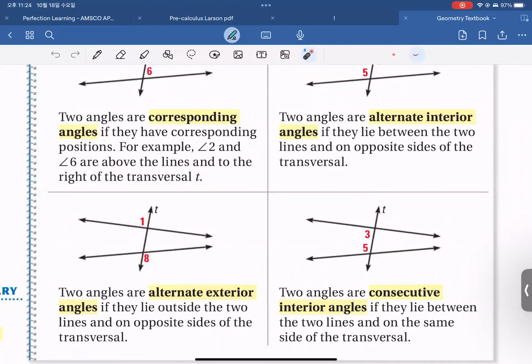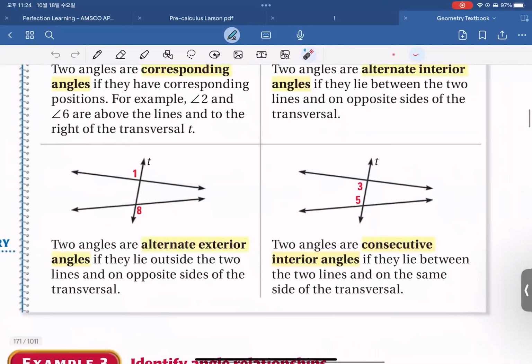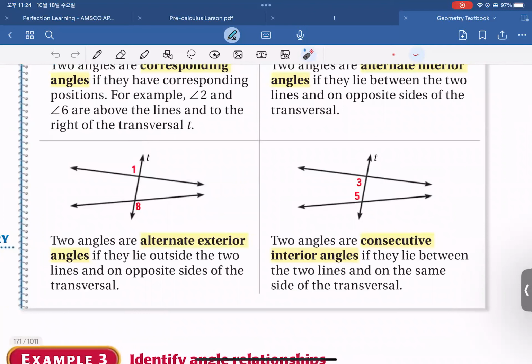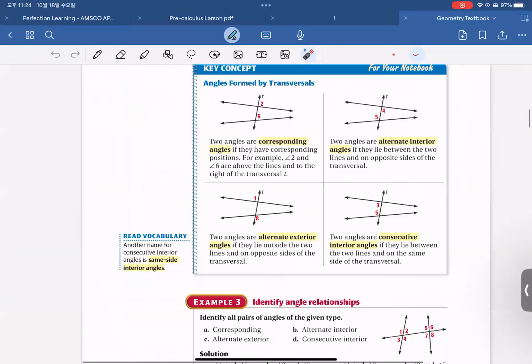Alternate exterior angles lie on the opposite sides of the transversal, but outside. And consecutive interior angles are two angles that lie between the two lines and are on the same side of the transversal, and they add up to 180. So they're just next to each other like this, and that would be the idea for consecutive interior angles.